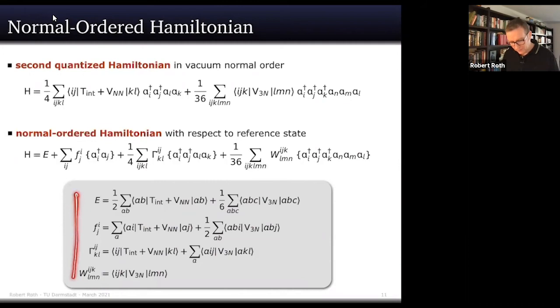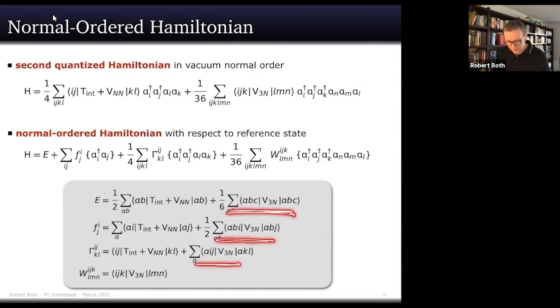They are given here. And this is something that you would usually get from working out all this commutator stuff or from using Wick's theorem. And there's one thing which is interesting and remarkable about that, and which is important for all of the rest. Namely, if you look at this zero-body term, which is just a number, the one-body matrix elements, the two-body matrix elements, they all have pieces of the original three-body force in there.